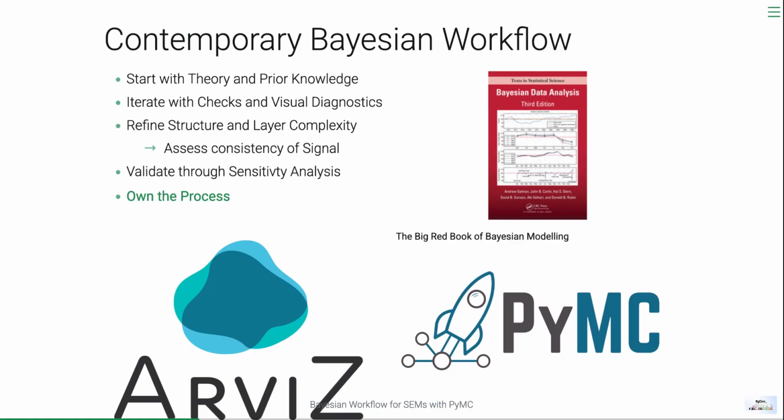You're assessing consistency of signal across multiple iterations of the same model, and you want to validate through a sensitivity analysis, which is not necessarily exhaustive, but at least compelling. And ultimately, you want to own the process. You want to be able to claim that the end result is a compelling model that withstands the scrutiny of various types of validation.